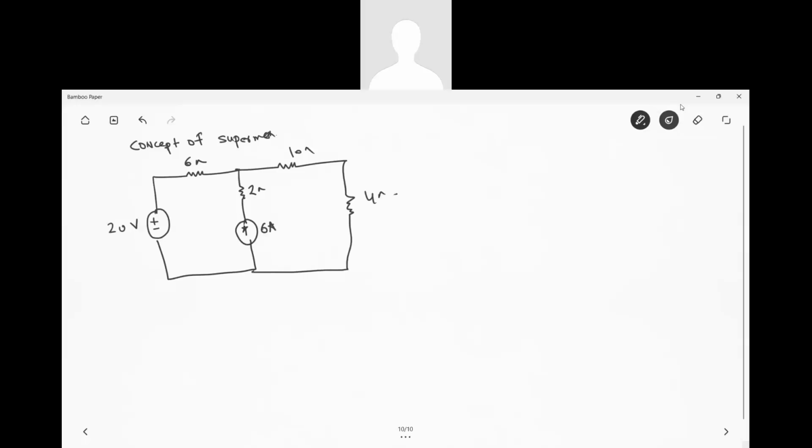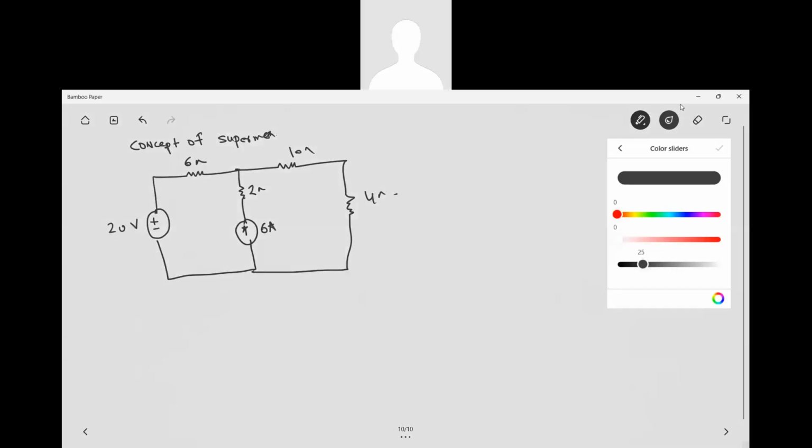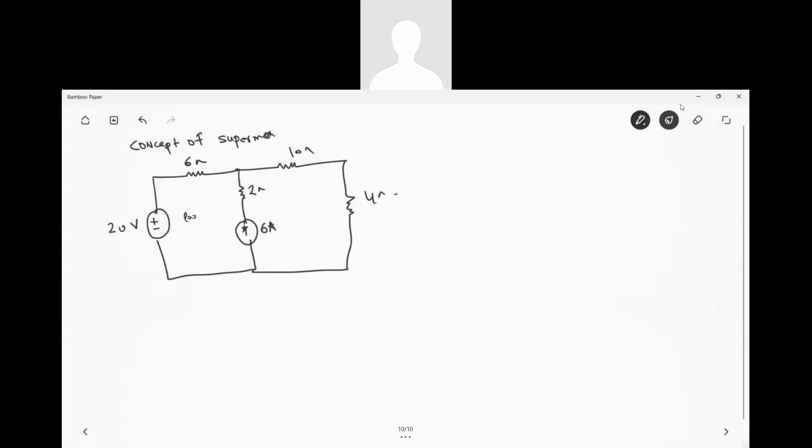Here you notice that a current source exists, and these are two meshes, actually mesh one and mesh two.